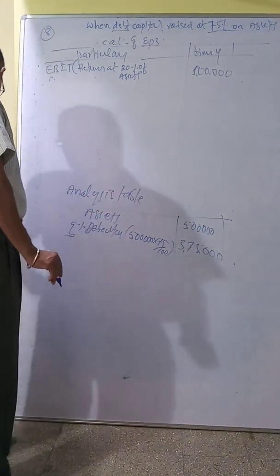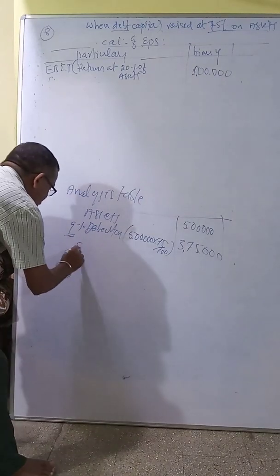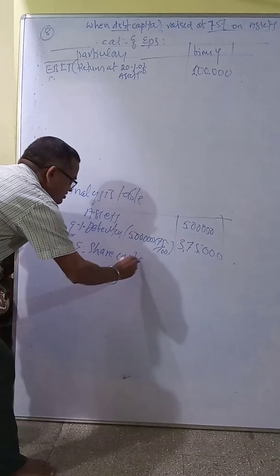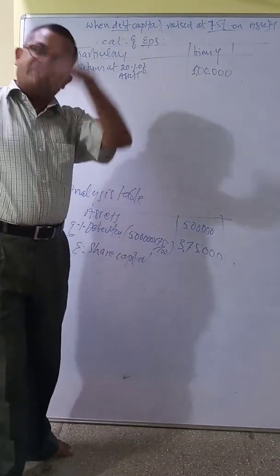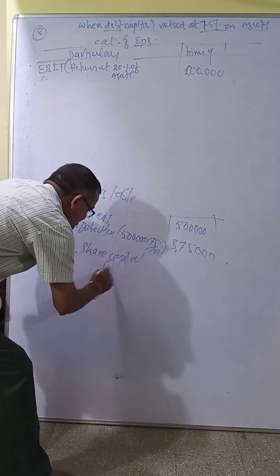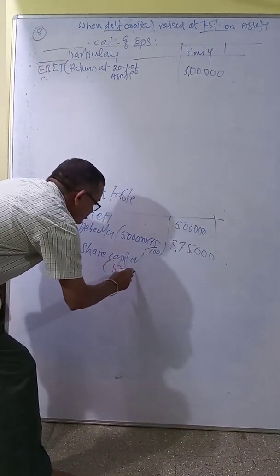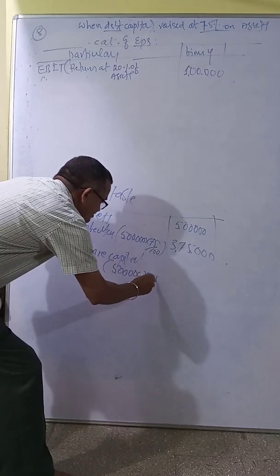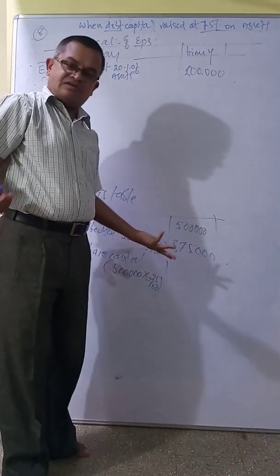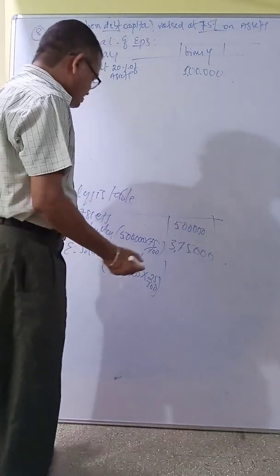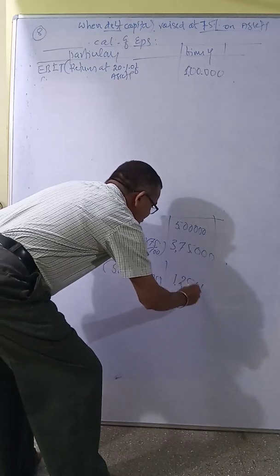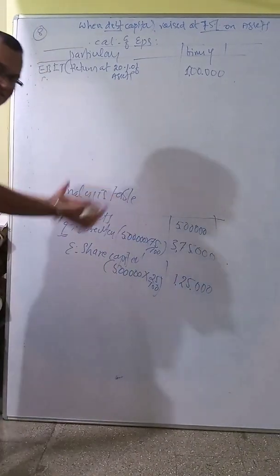Equity share capital. With 75% debt finance, out of 100% the remaining 25% is equity capital. 5 lakh into 25 divided by 100 is 1,25,000.